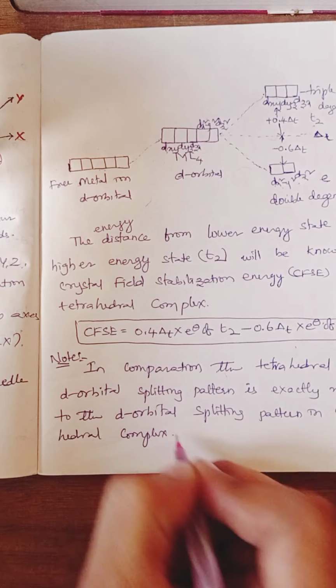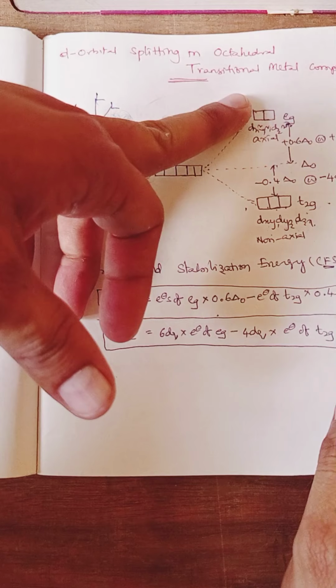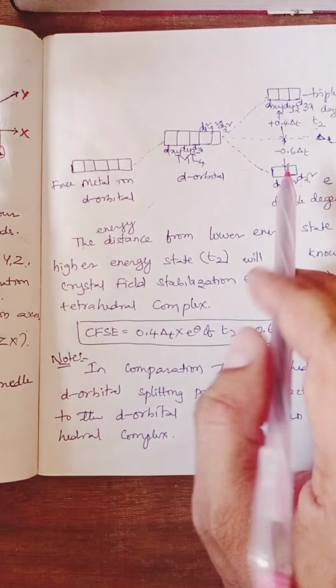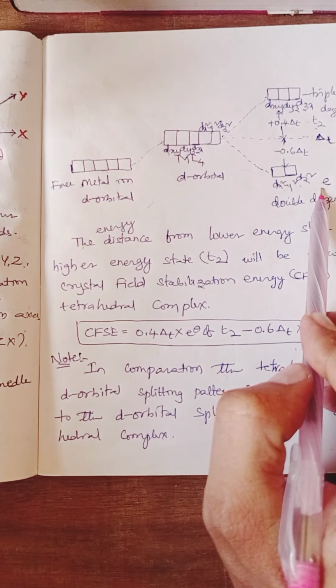Is it clear? This is octahedral, where Eg is higher energy and T2g is lower energy. Here, when it comes to tetrahedral, T2 is higher energy and E is lower energy.